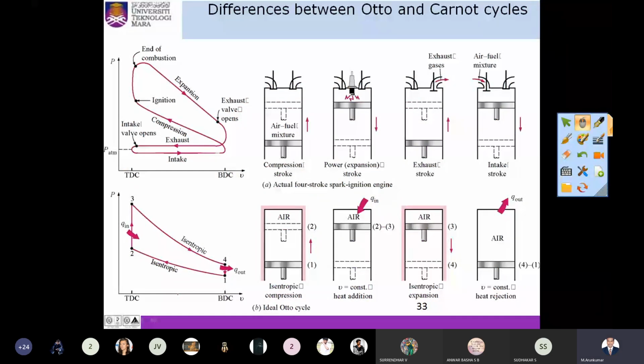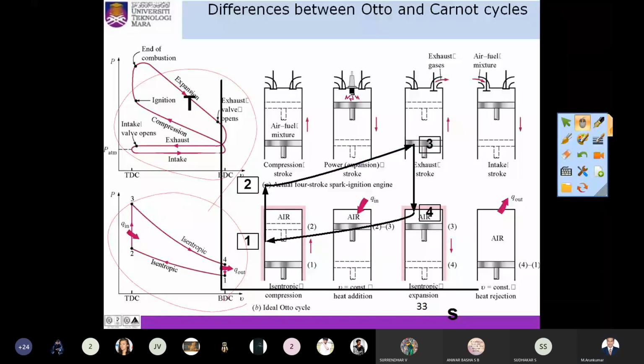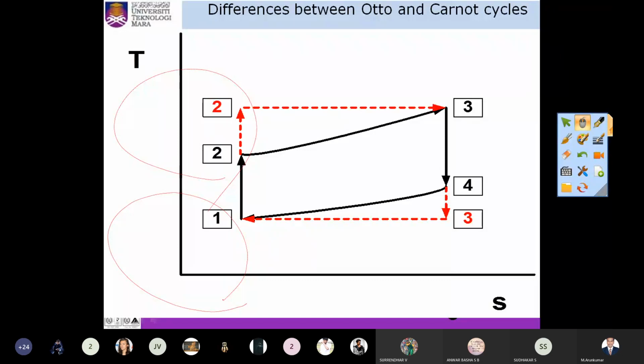Then this is again the comparison between the Otto cycle and the Carnot cycle. So this is your actual Carnot cycle that we discussed in the previous slides. And this is your actual Otto cycle. If you compare the TS diagrams of these two, the red line is your Carnot cycle TS diagram, and the black lines are your Otto cycle TS diagram.